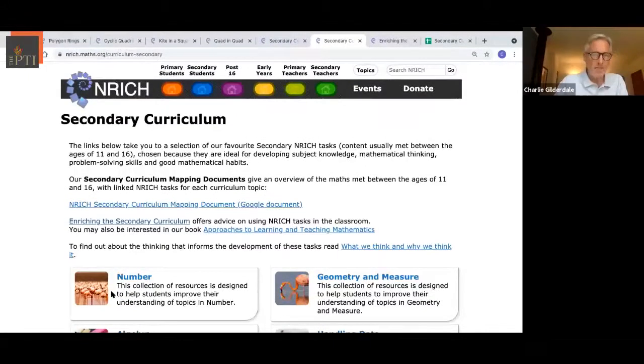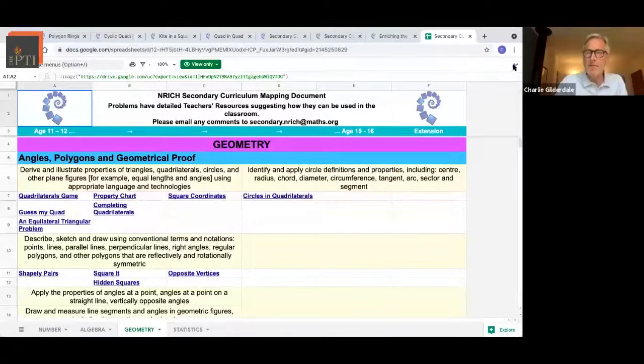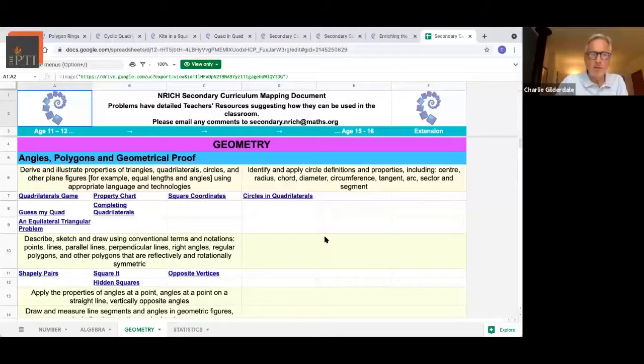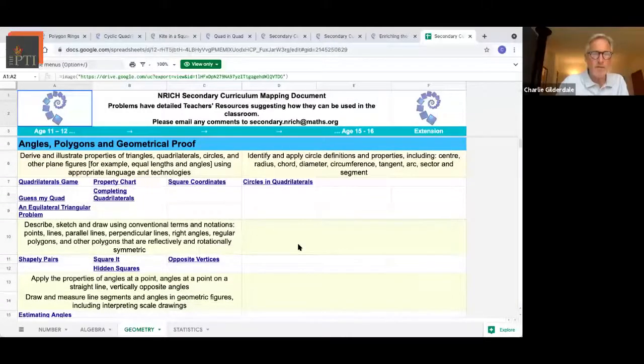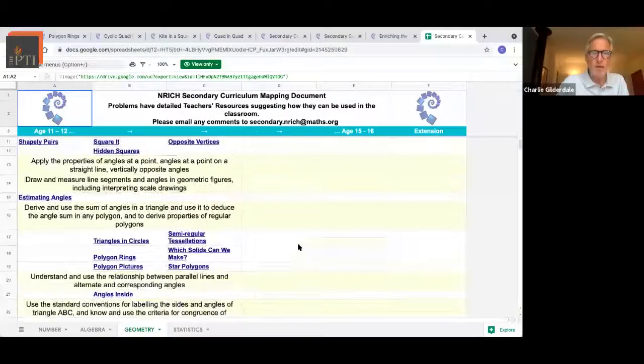We've got resources on number, on algebra, on geometry. I've got the geometry tab already open. And you can see here that we've got some problems on angles, polygons, and geometric proof, which is what we've been focusing on today. And you'll see that we've got among these all 4 problems that we've talked about.